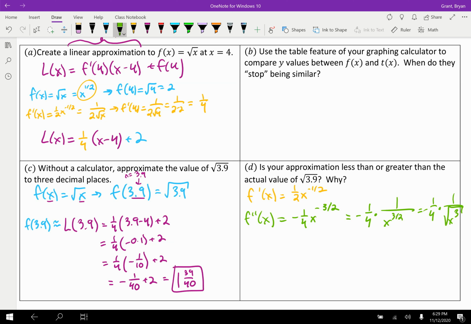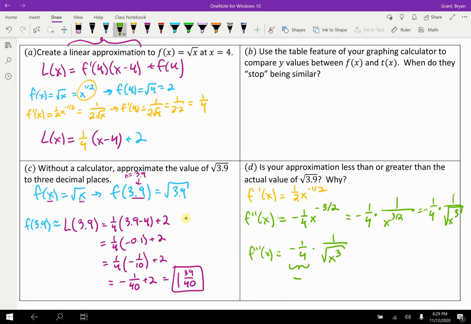Well, let's break down the second derivative. If we have negative 1/4, that is, of course, always a negative value, times 1 over the square root of x cubed. Well, knowing what you do about the square root, it always has to be positive. That's why it's only in the first quadrant, right? It stops at 0, 0.